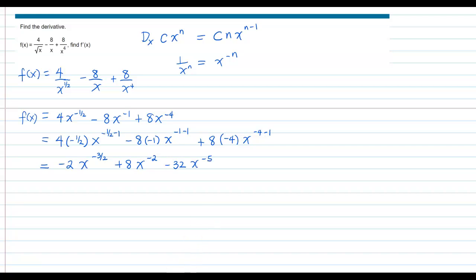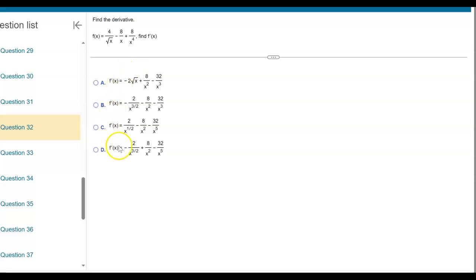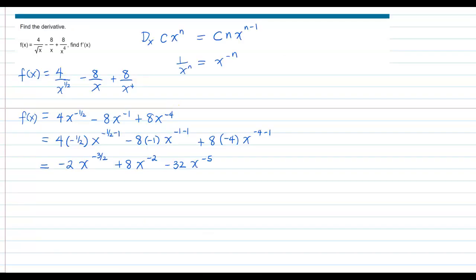Now, if you look at the choices, they all have positive exponents. So the next step is to bring this down again. So we will have negative 2 over x to the 3/2 plus 8 over x squared minus 32 over x to the 5th.